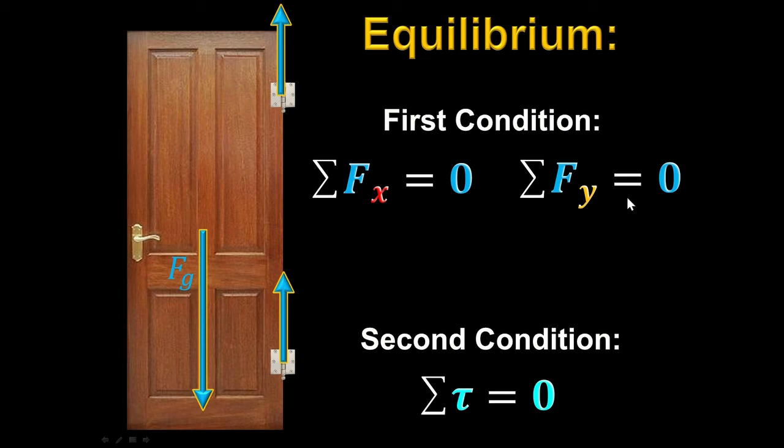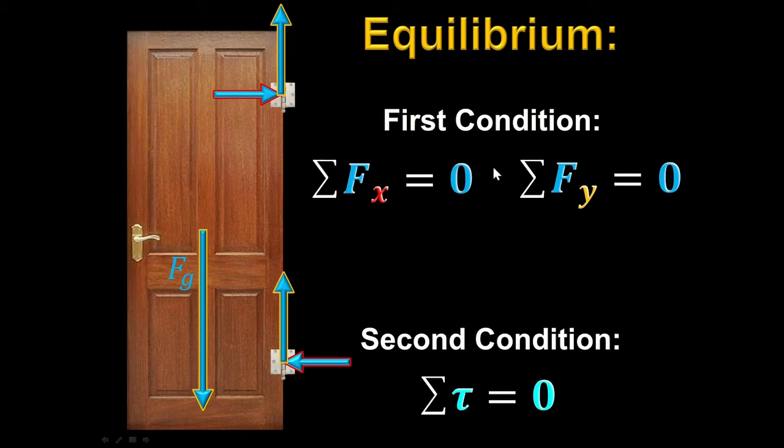Now that's not the only forces, because if we were to hold this here and unscrew this hinge, the door would swing to the right down here. So that hinge must have been pushing back off to the left. Or if we were to keep this screwed in and unscrew this one, the whole door would fall over that way. So this hinge must have been holding it back that way.